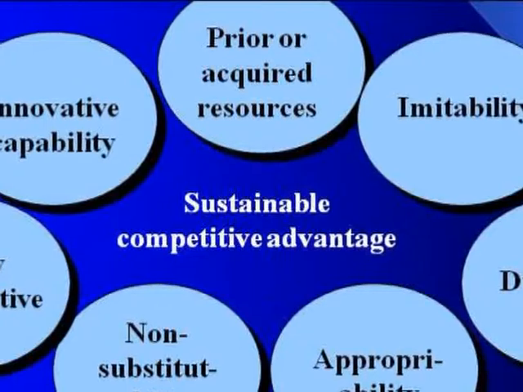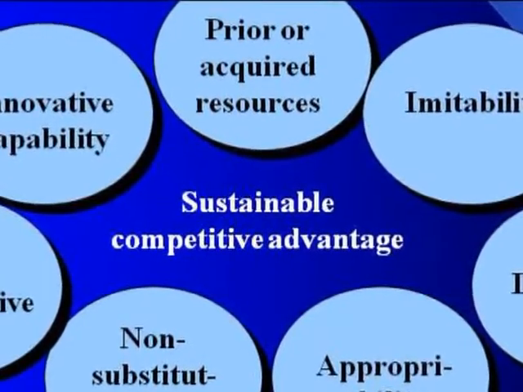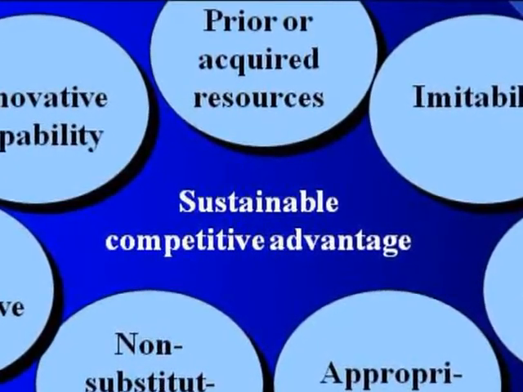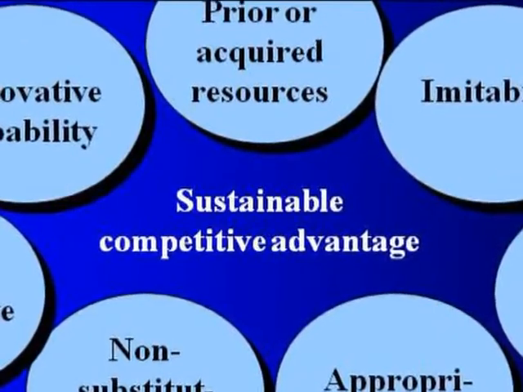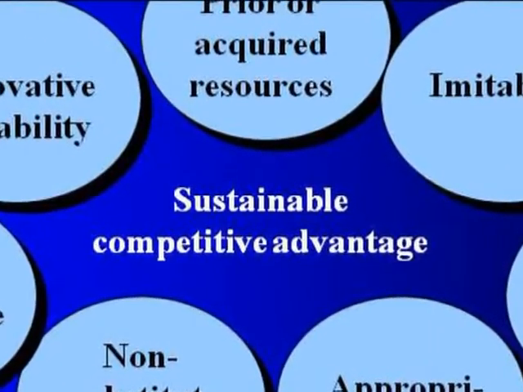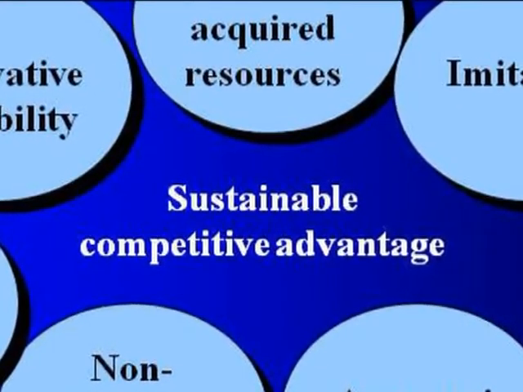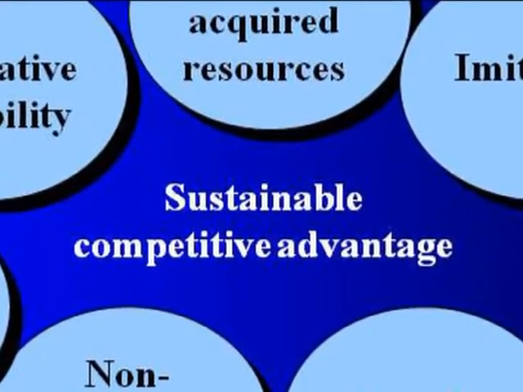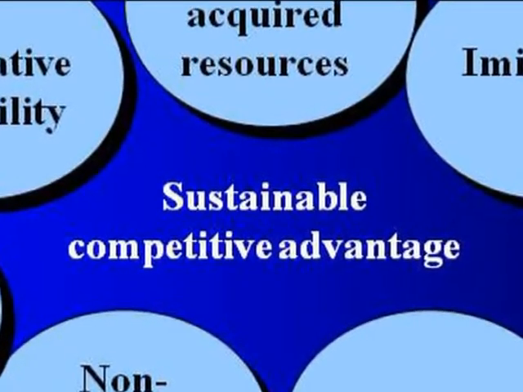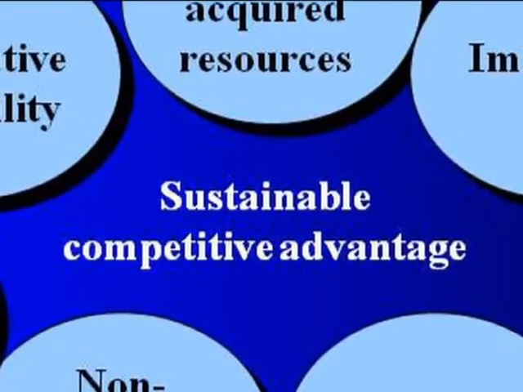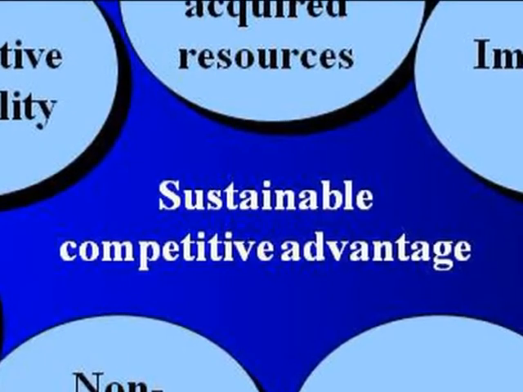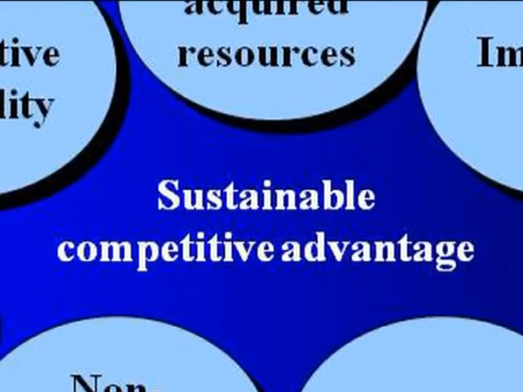Number 6, durability, a resource that lasts over time. And number 7, imitability, a resource that cannot be easily imitated. It's not necessary for an organisation to possess all of them to have competitive advantages. Each successful organisation will have some unique combination of resources, some of which will deliver competitive advantage.